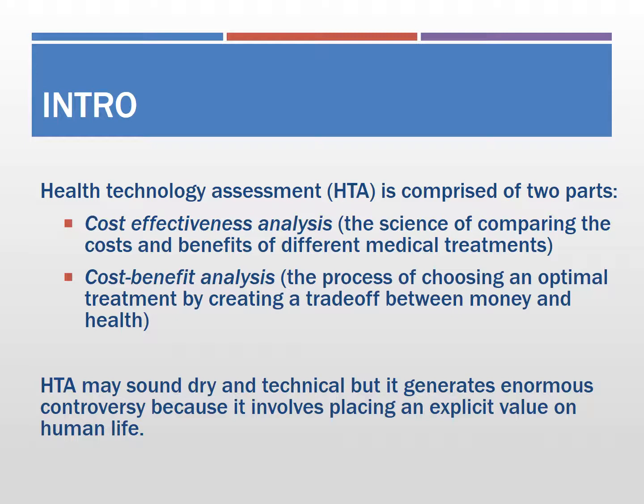Number one is the cost effectiveness analysis. This analysis basically provides a science of comparing the costs and benefits of different medical treatments. The second part is the cost benefit analysis. In this analysis, we are going to learn a process for choosing the optimal treatments by creating a trade-off between money and health.